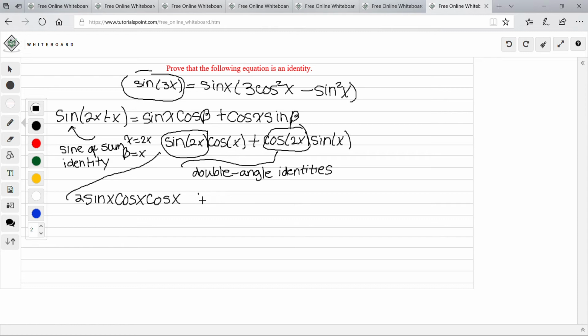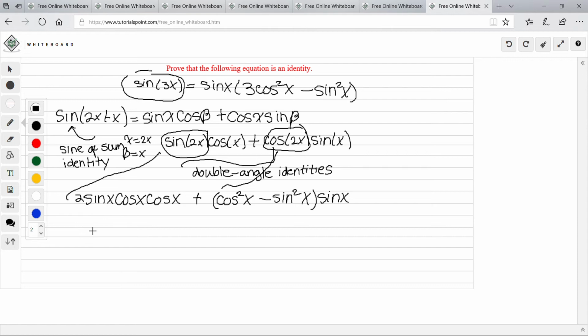Now let's do the right side. So this cosine 2x is the same thing as cosine square x minus sine square x, and then bring down the sine x. Let's simplify. So we have 2 sine x times cosine x times cosine x.